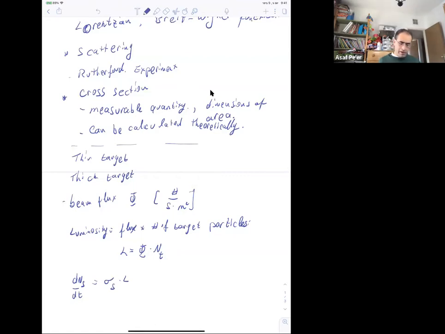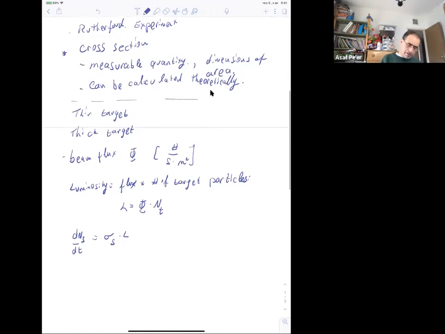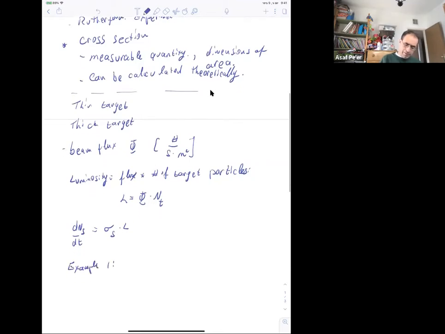And then I gave you one classical example. That of point-like light particles in a beam that hit target particles that are heavy and spherical with radius r. So example one we had was light particles that go and hit a target of some radius r, which is spherical.